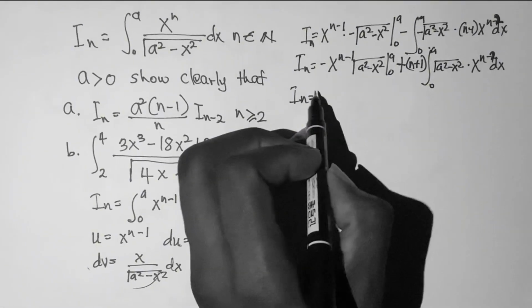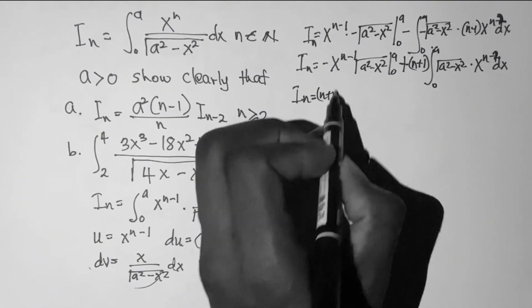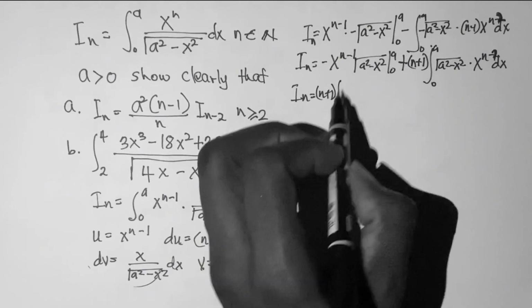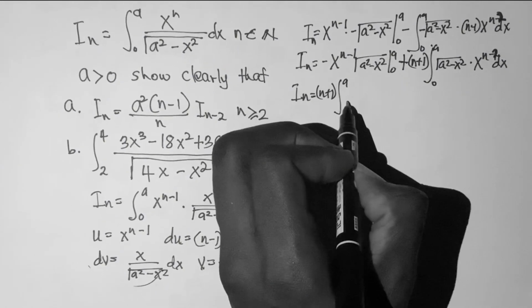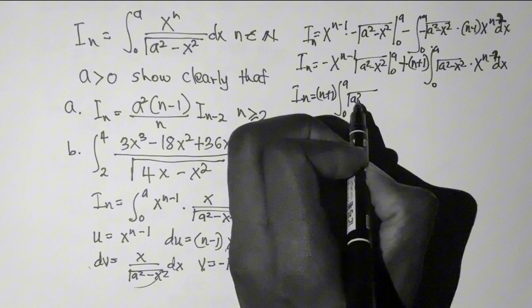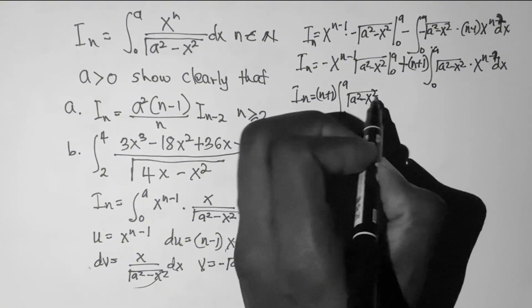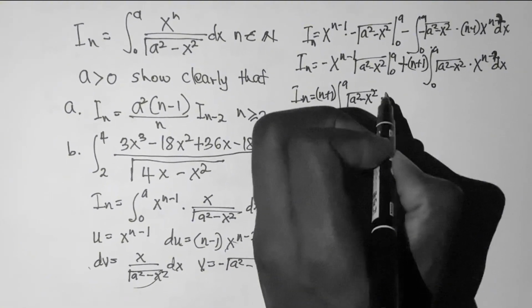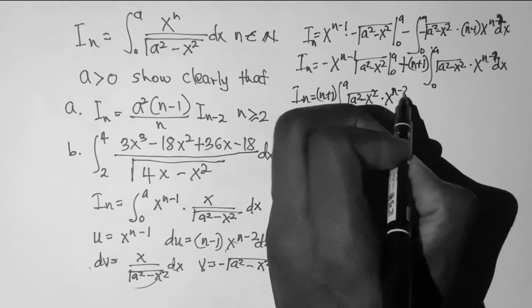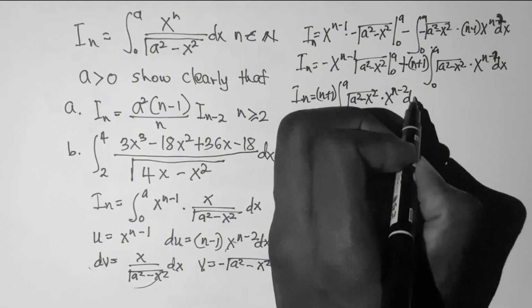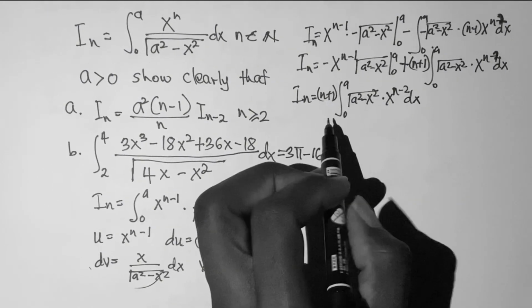So I of n is equal to n minus 1, then the integral from 0 to a of the square root of a squared minus x squared, times x exponent n minus 2 dx. Let's rewrite this and then rationalize.